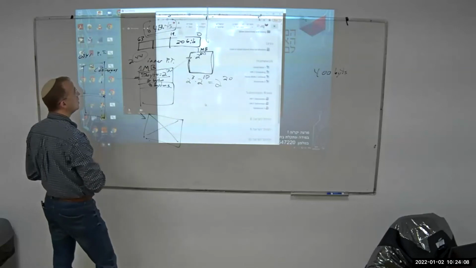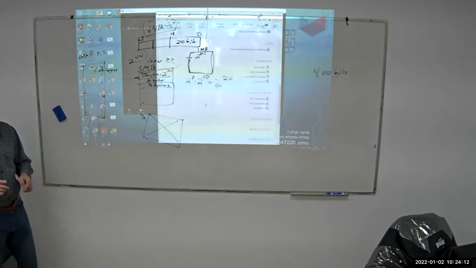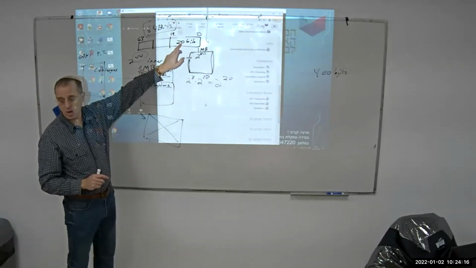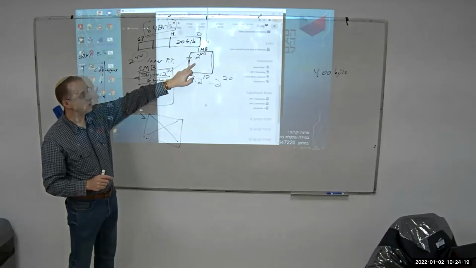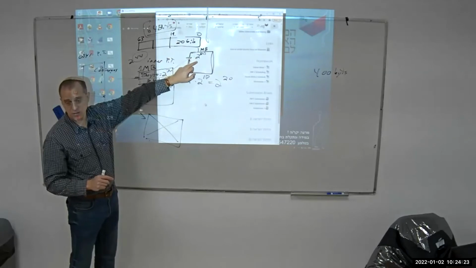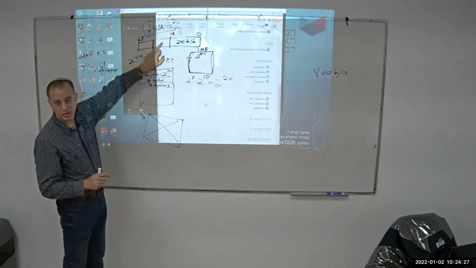Okay. So how many bits do I need over here? Remember, this was the offset into here, right? This 20 bits was the offset into every single byte in this page. But what is this going to be?